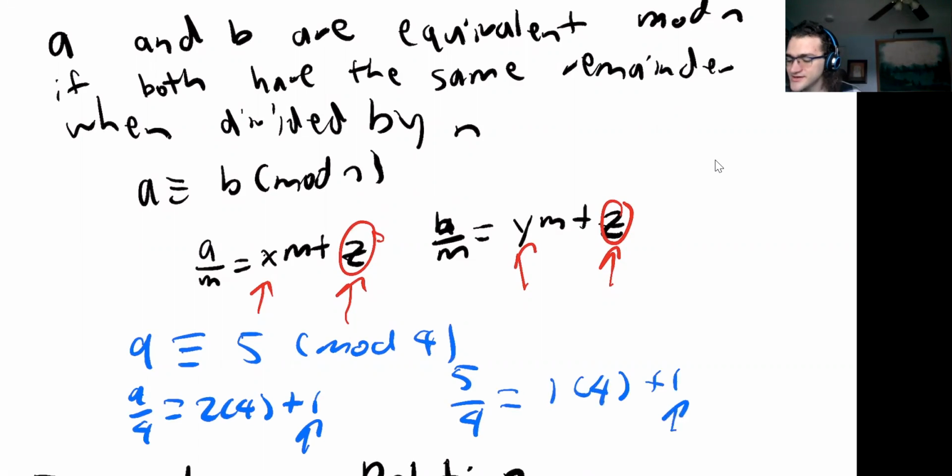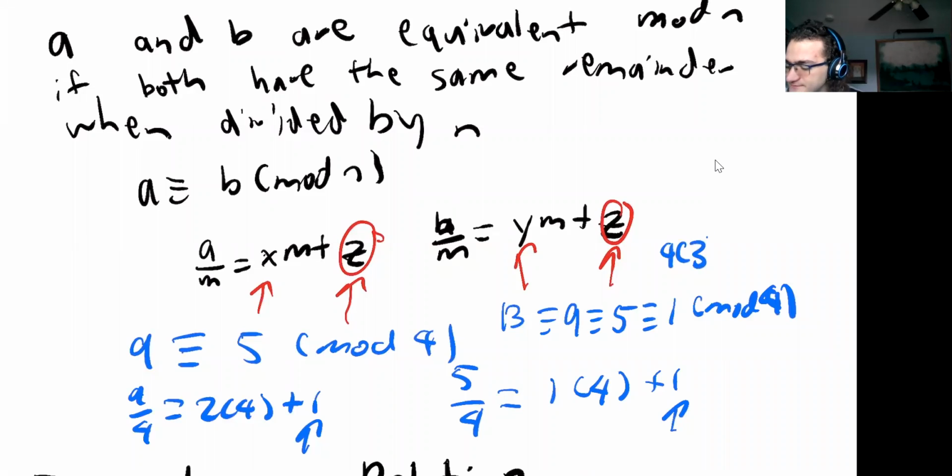So we share the same remainder. I could also say that 9 is equivalent to 5, and that's also equivalent to 1 mod 4. And if I had 13, I could write that as 3 times 4 plus 1, so I'm getting a plus 1 with a lot of things here. A lot of things are equal in mod.